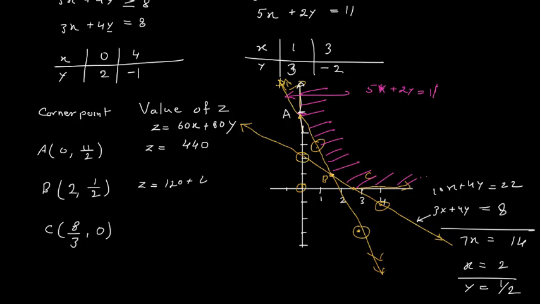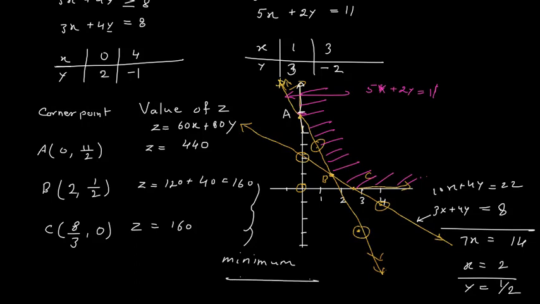So 120 plus 40 is 160. And at C, 8 by 3 into 60, so 3 2s are 6, 20 into 8 is 160. So at points B and C, I have the minimum value. We have to find the minimum value of z.